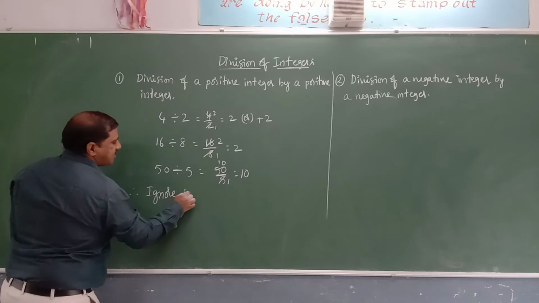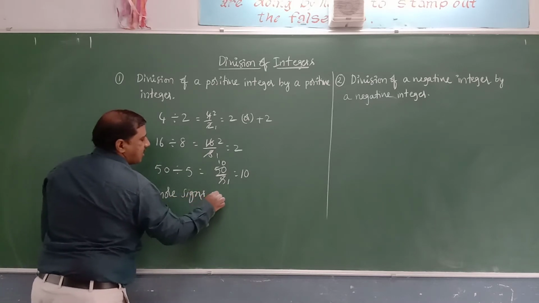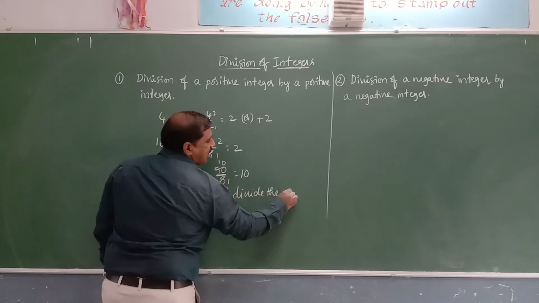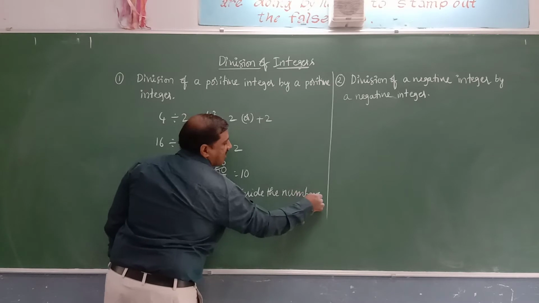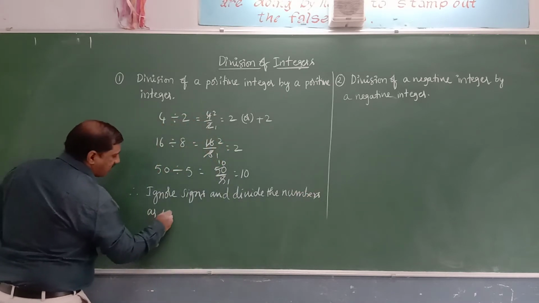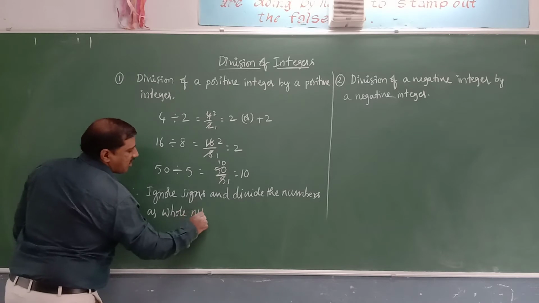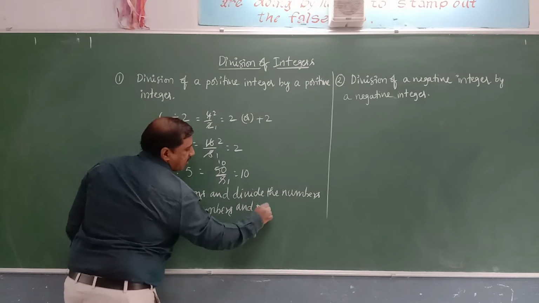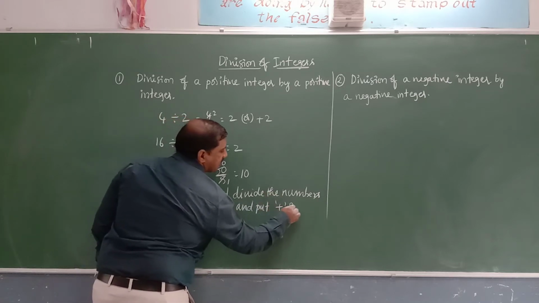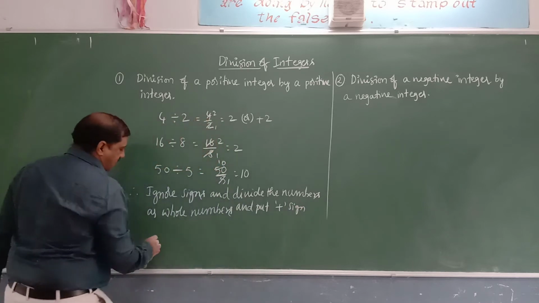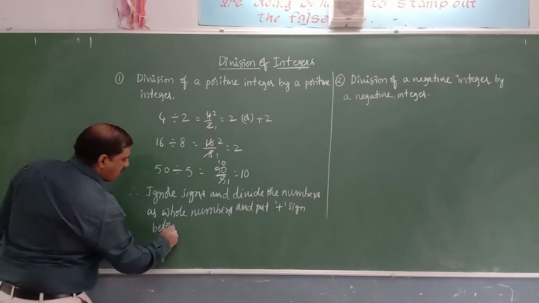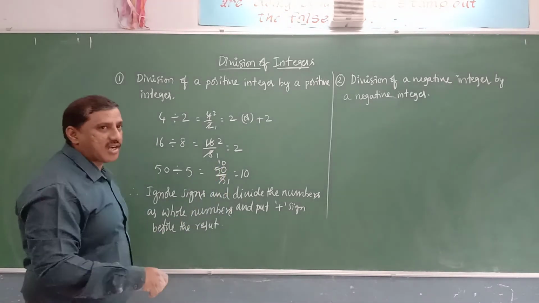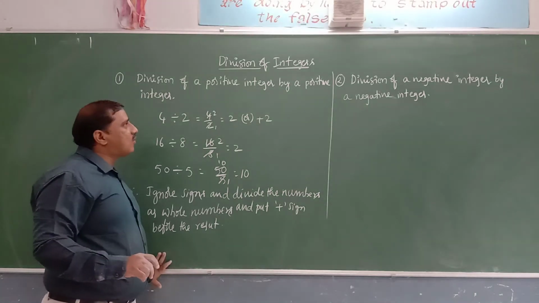Ignore signs and divide the numbers as whole numbers and put the plus sign or positive sign before the result. Here the result is nothing but the quotient. Like this we can conclude.